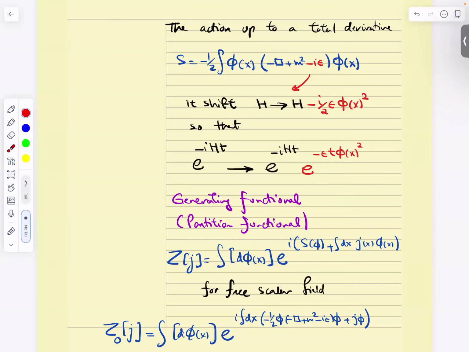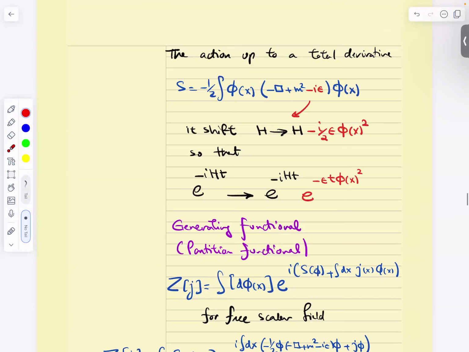You immediately see that the propagator is the inverse of the kernel up there. You knew that was going to be the case. So this is the Feynman epsilon. Good. So this is the action you're working with.